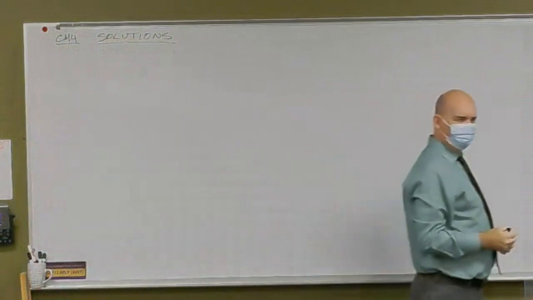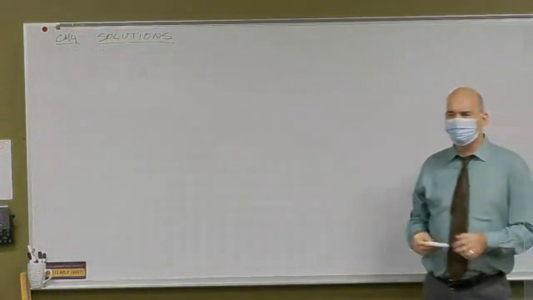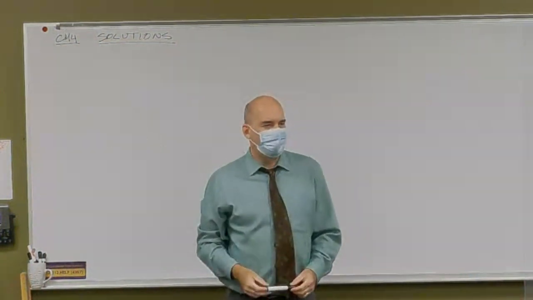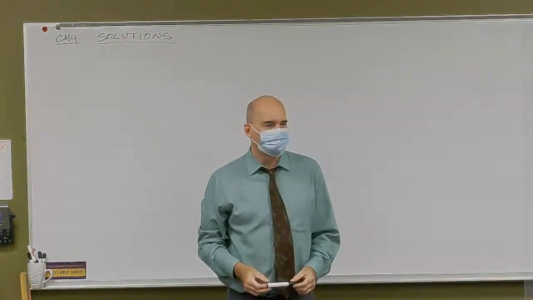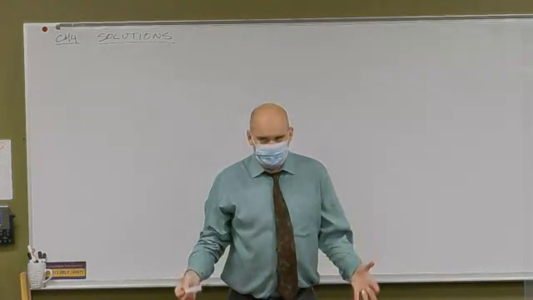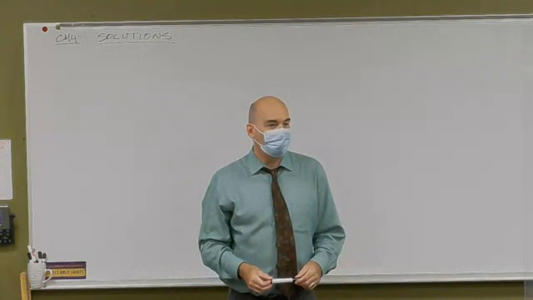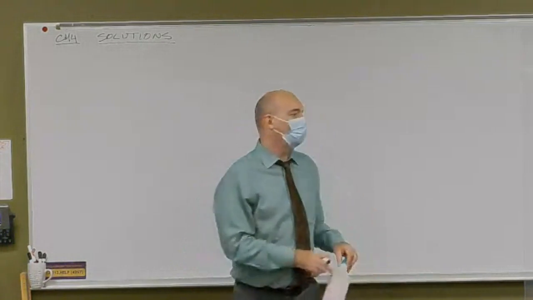All right, what was our definition of a solution? We've already seen solutions once. What was it that was special about solutions? The particles become so finely divided that we lose visible contact with them.